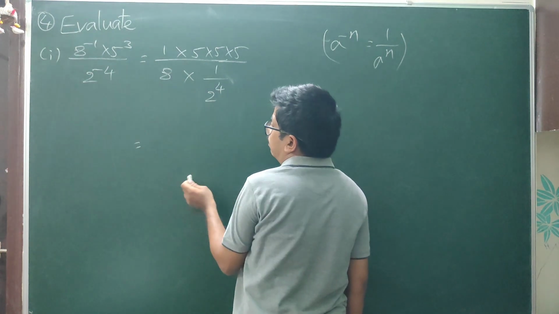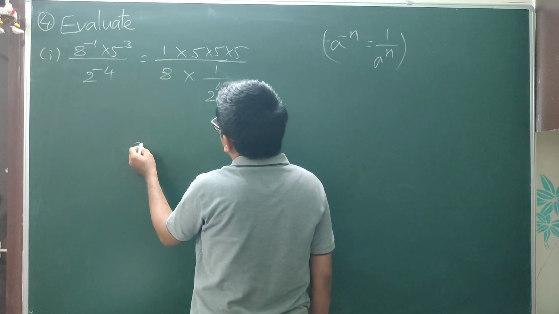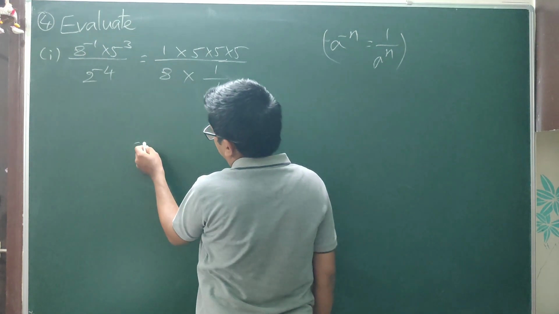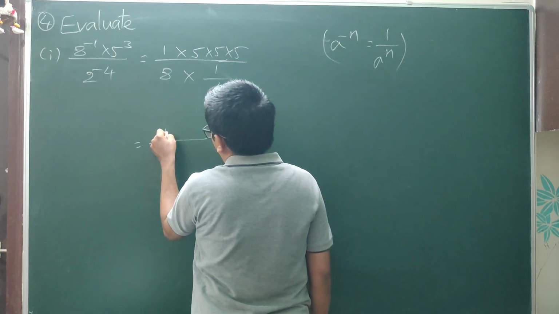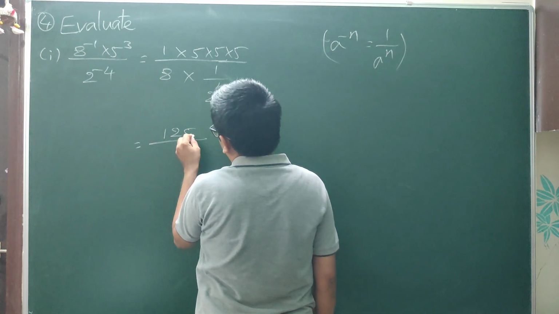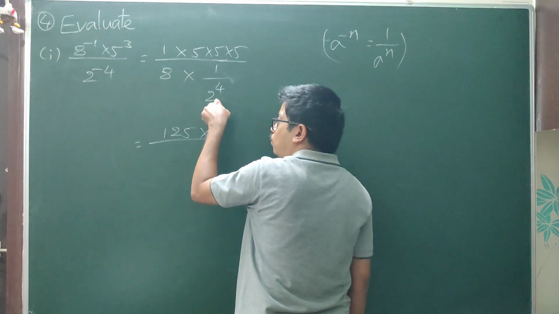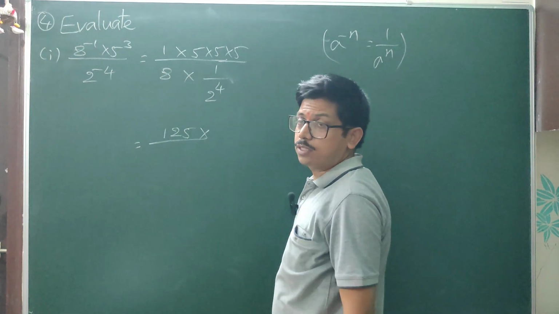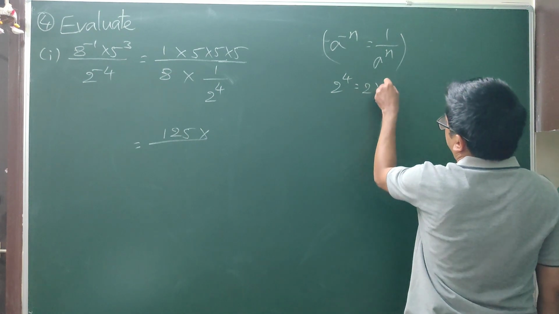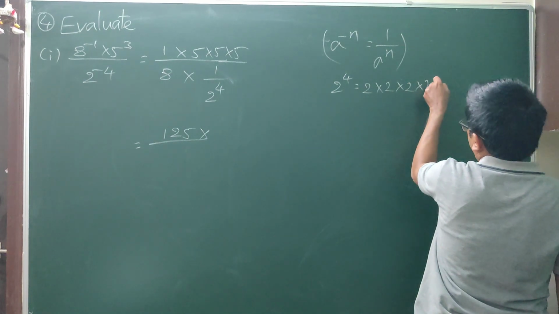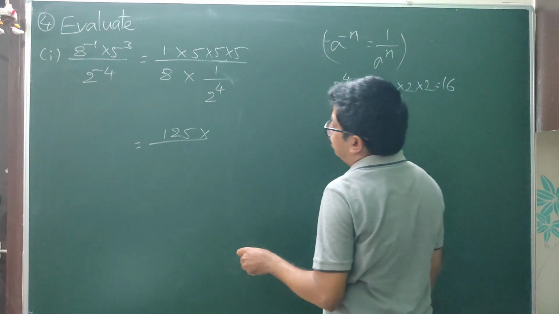The denominator becomes numerator: 125 into 2 power 4, which is equal to 2 into 2 into 2 into 2 equal to 16.